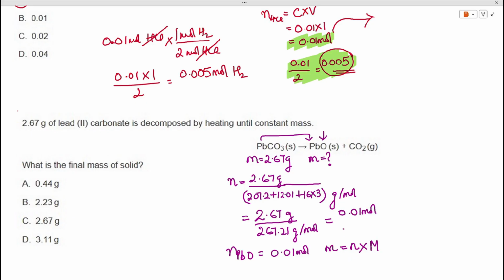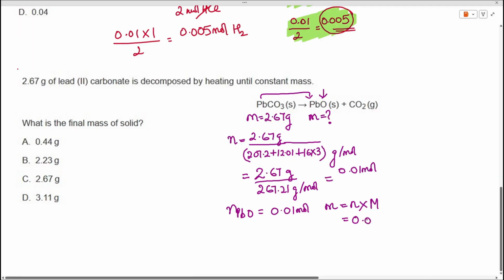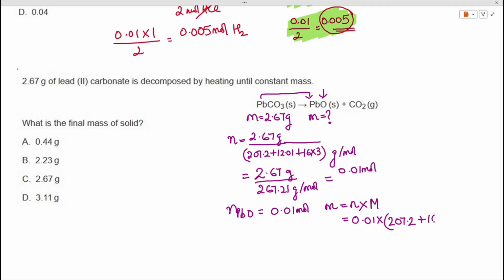So this is going to be equal to 0.01 multiplied by lead oxide, which is 207.2 plus 16. So this is equal to 2.23 grams. So the correct option for this question is option B.